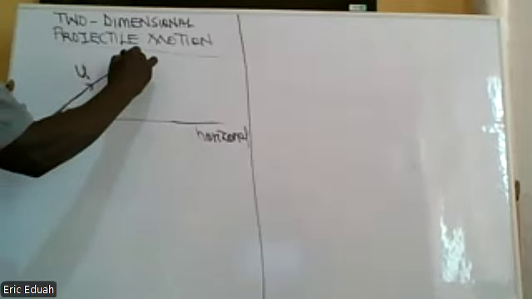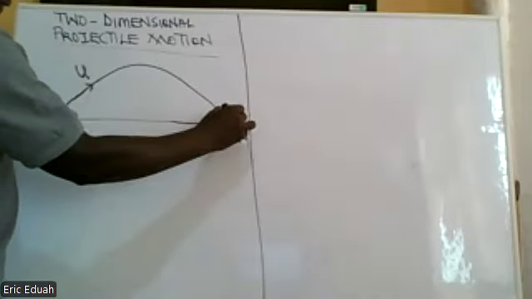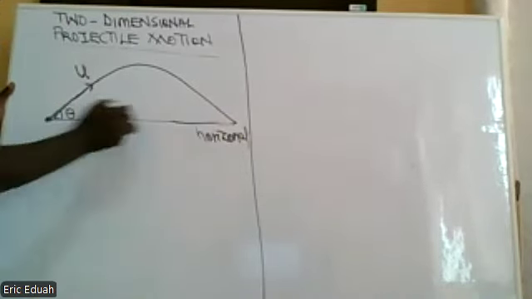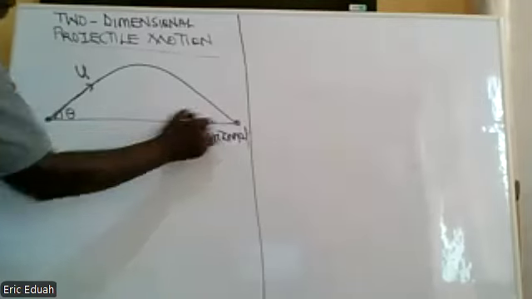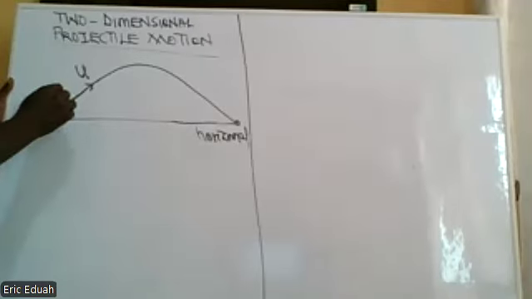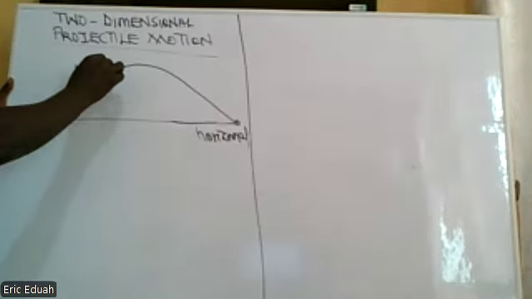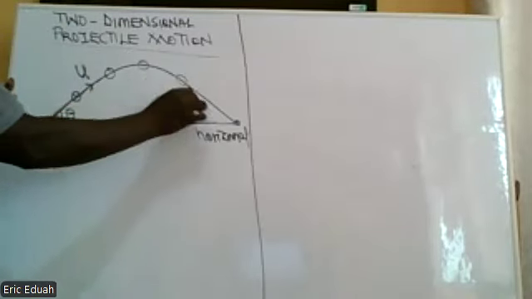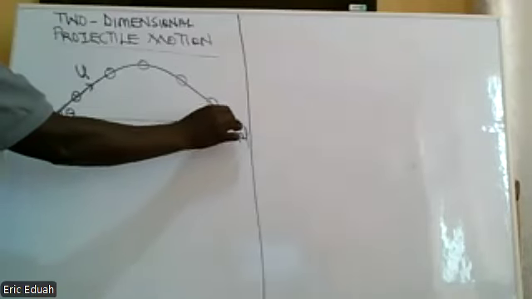This will be the path. So the projectile started from here and landed here, from ground to ground. Let's follow the projectile whilst it moves, till it drops to the ground.